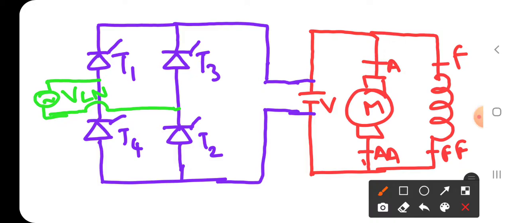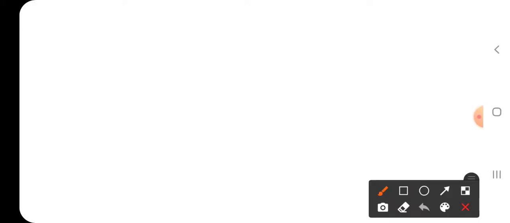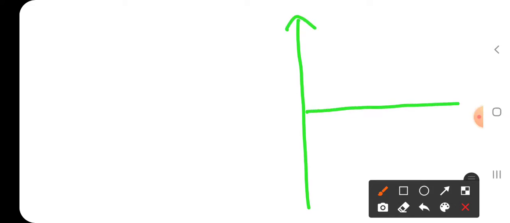I hope all of you have taken the two circuit diagrams. Based on the question, you need to draw the circuit: the previous one for the separately excited DC motor, and the present one for the shunt motor. Here the supply voltage is sinusoidal.